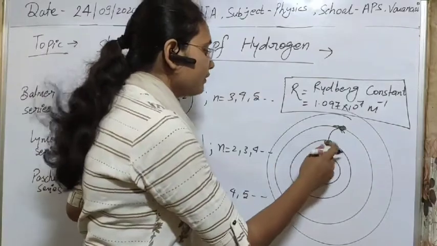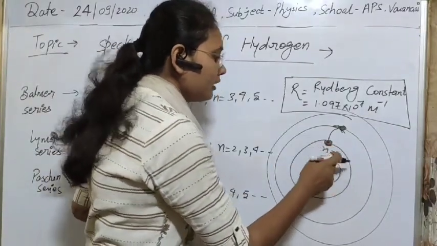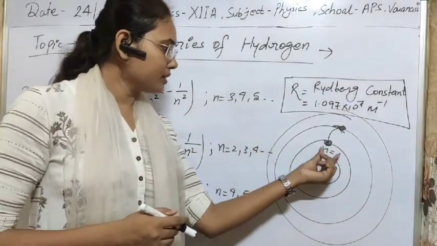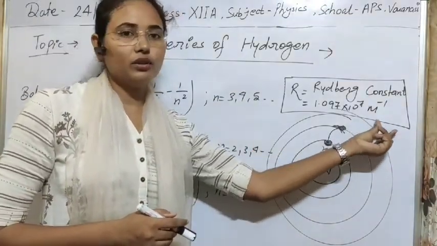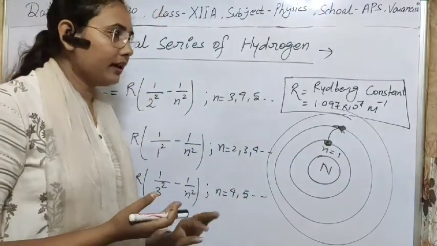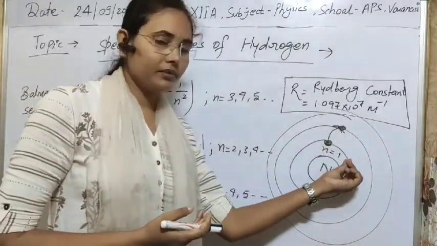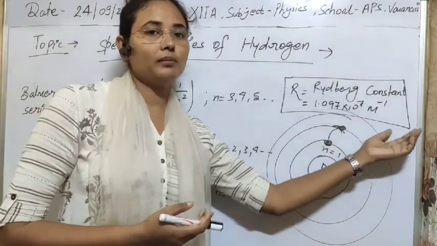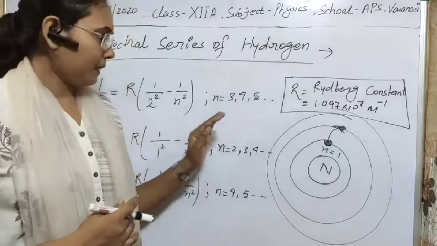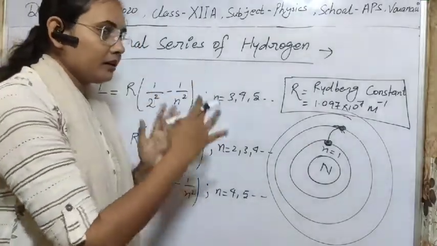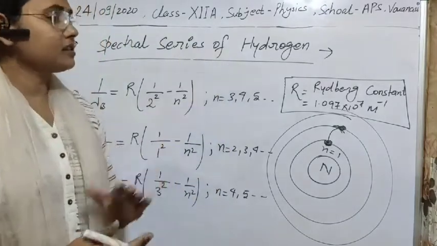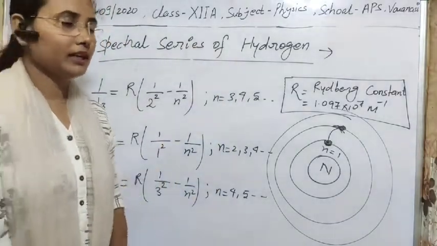Suppose this is n equal to 1, n equal to 2, n equal to 3, which is the principal quantum number, signifying the first, second and third circular orbits. This is postulated by Bohr, but I am using it here for the explanation of the spectral series of hydrogen.